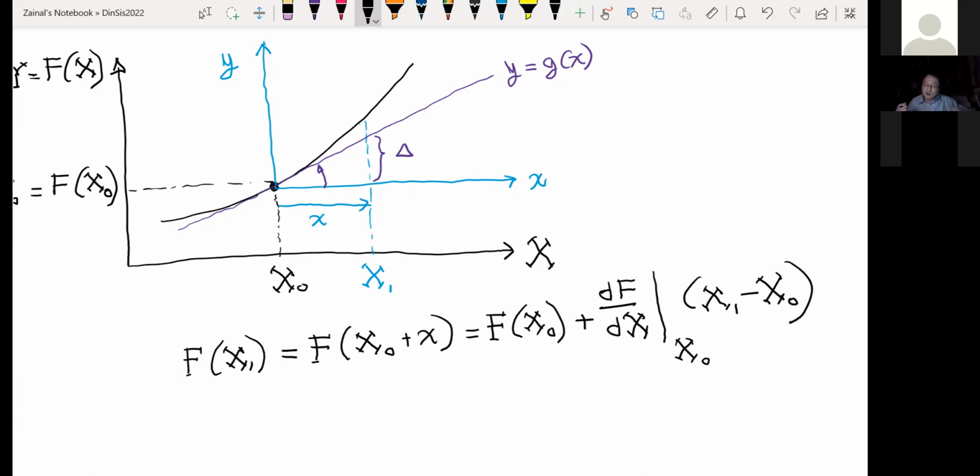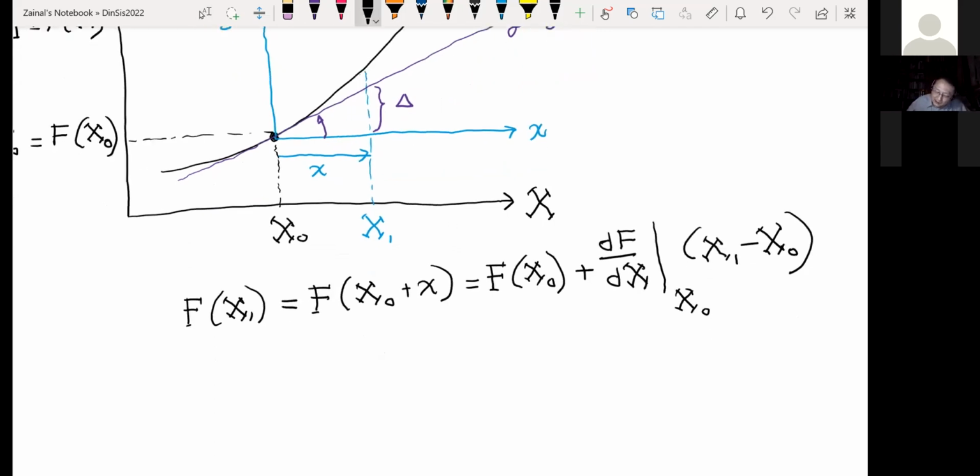We use only the first term. So f(x1) is equal to f(x0) plus df over dx evaluated at x0 multiplied by (x1 minus x0).